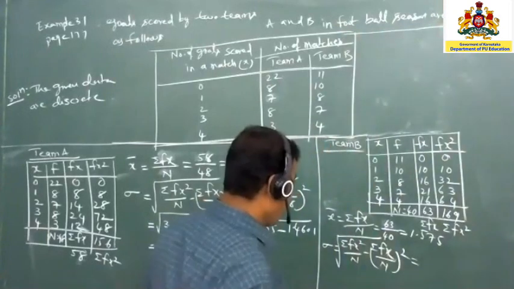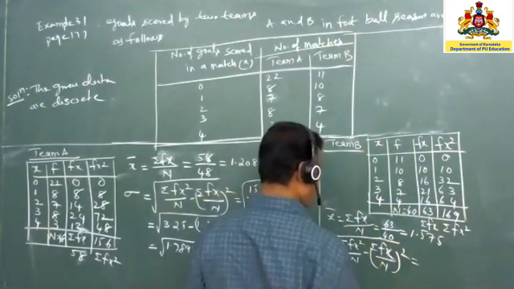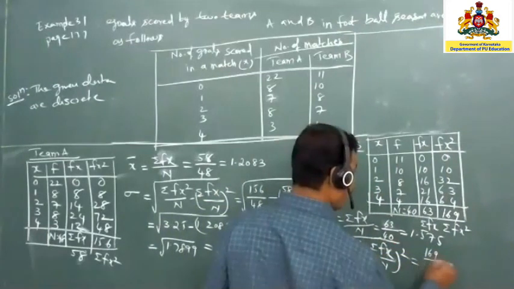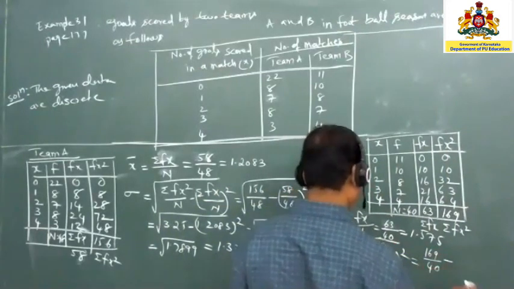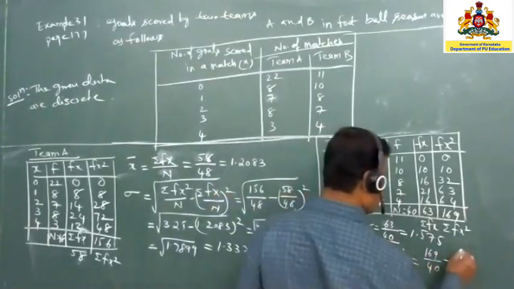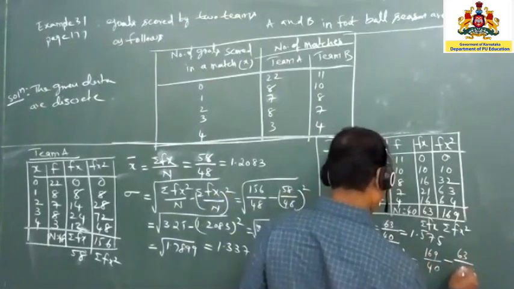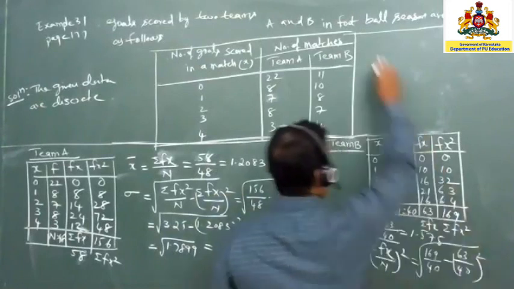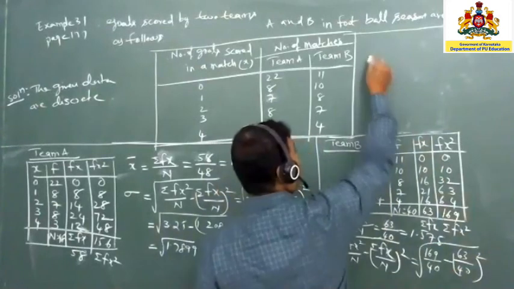So equal to square root of fx square value 169 by 40 minus 63 by 40 whole square.